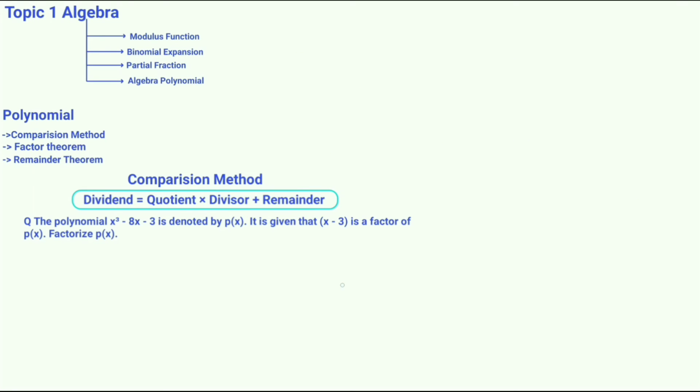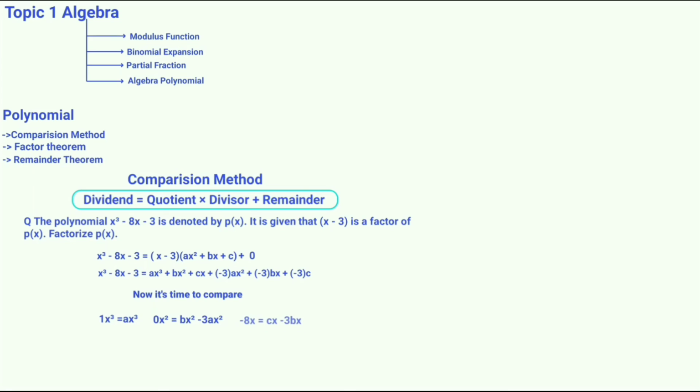Okay, the equation, and we know that x minus 3 is a factor. We need to factorize it. We have already done this before. So yeah, it's the same thing. Get the values, and we have found the quadratic equation.